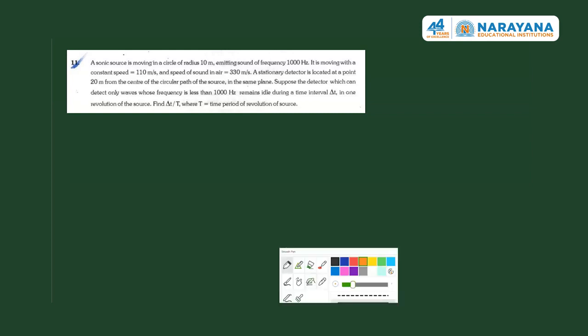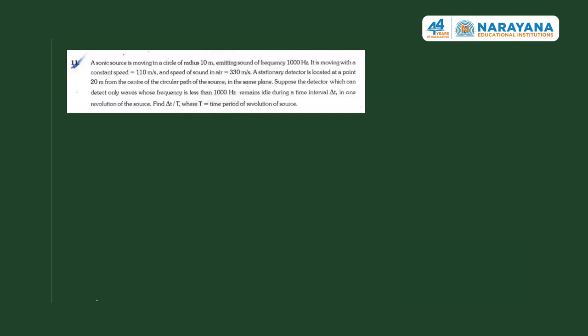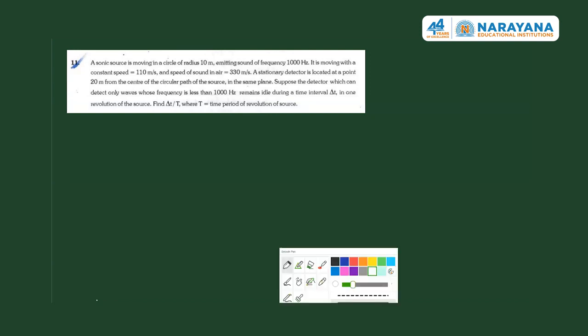Fine. Okay, let's move on to this problem where some 2D element is also involved. Let's read this. There is a sonic source moving in a circle of radius 10 meters.